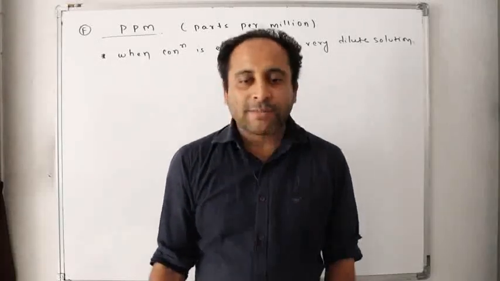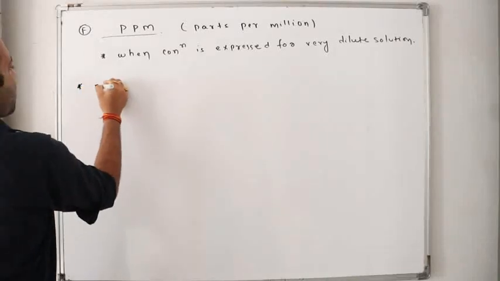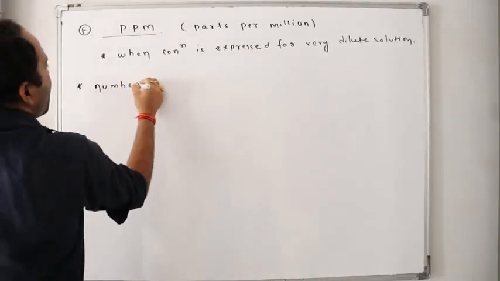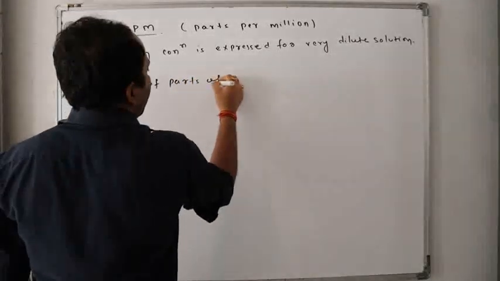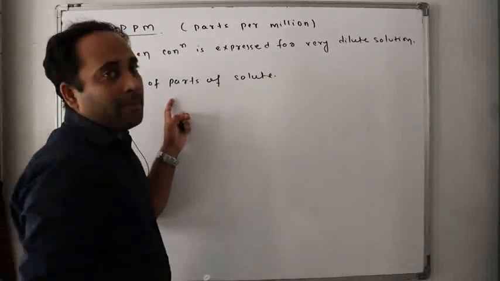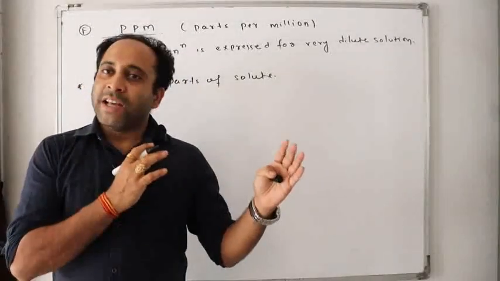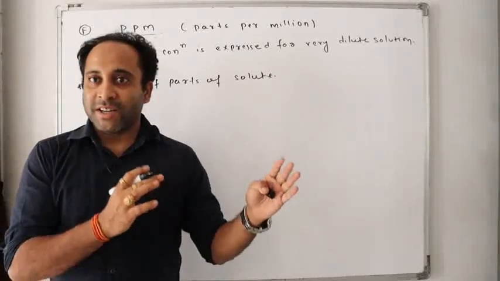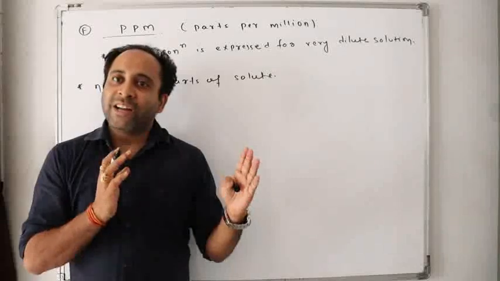What do you mean by parts per million? Definition: number of parts of solute. Always I said, what? The amount of solute present in the given solution, that is the concentration.